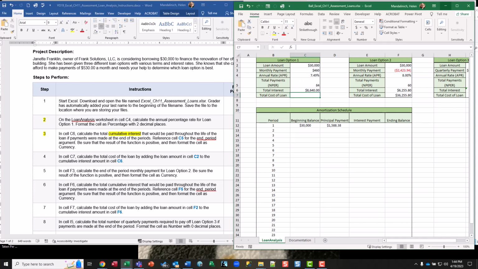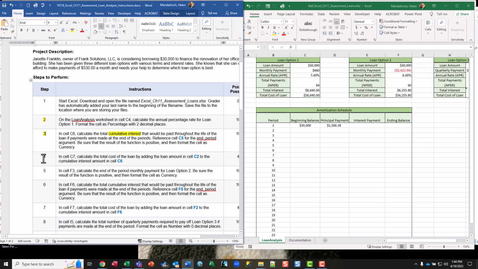So this is just an equal. You're going to take the amount you have to pay back for the loan, which is $30,000, plus what you ended up paying in interest, the cumulative interest, which is why you would use that, because you're going to get that total amount. That's the cost of borrowing that money, right? So yeah, this looks wrong. Okay, so 4 is done.